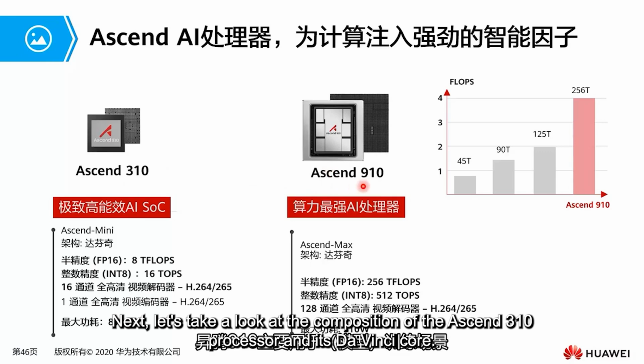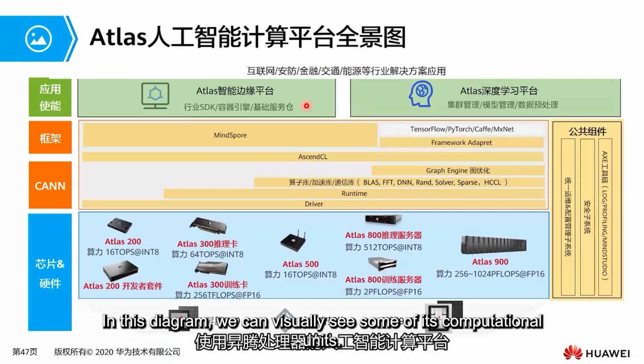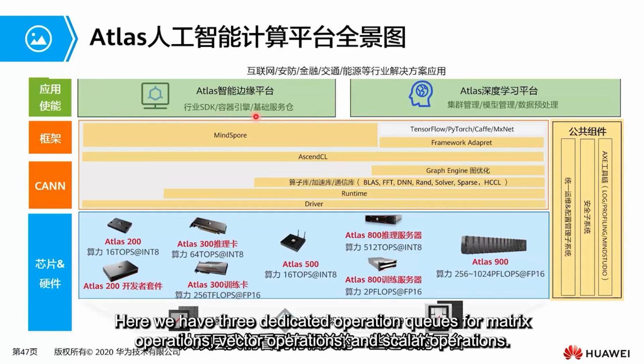Let's take a look at the artificial intelligence computing platform powered by Ascend processors. Correspondingly, these are the products that our Atlas specializes in, focusing on artificial intelligence computing. From the top layer, we can see some related edge platforms and our deep learning platform. It can perform functions such as dataset modeling, pre-processing, and so on.